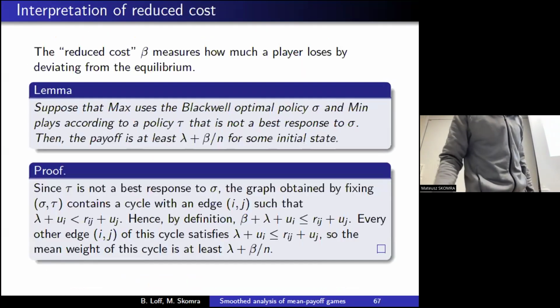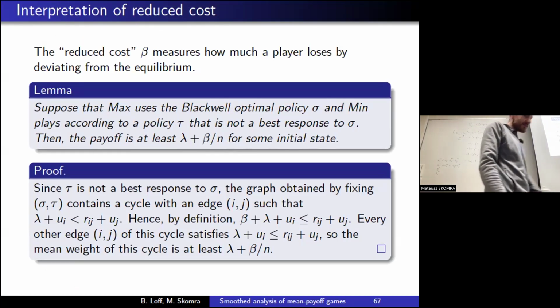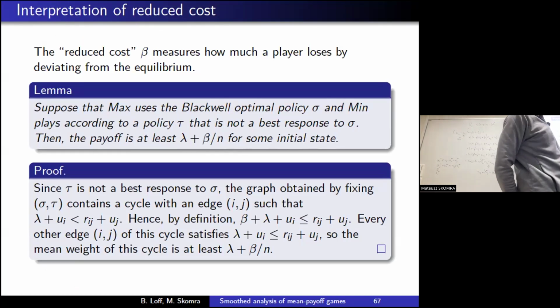And this quantity behaves a little bit similar to this quantity that we studied before, in the sense that beta measures what will happen if one player deviates. So if the maximizing player uses the Blackwell optimal policy and the minimizing player uses a policy that is not the best response, then this beta will measure how much they lose.